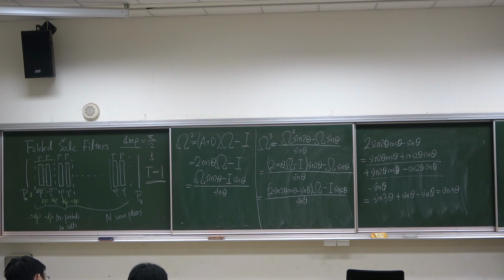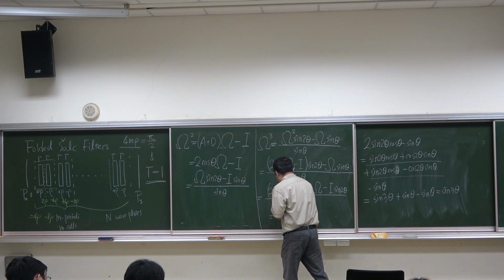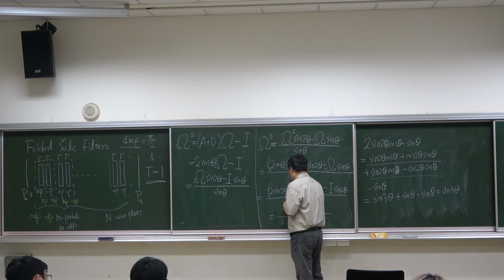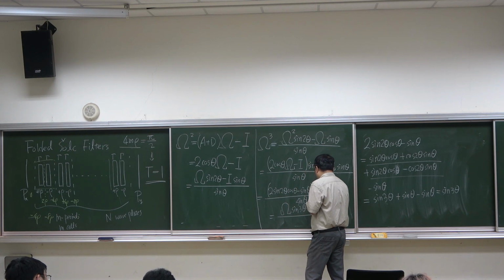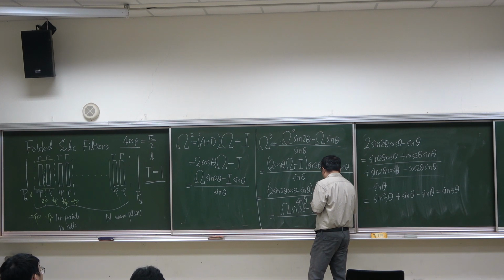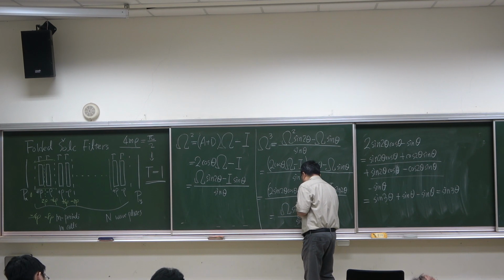Okay? So this means that we have omega sine 3 theta minus I sine theta, 2 theta over sine theta.